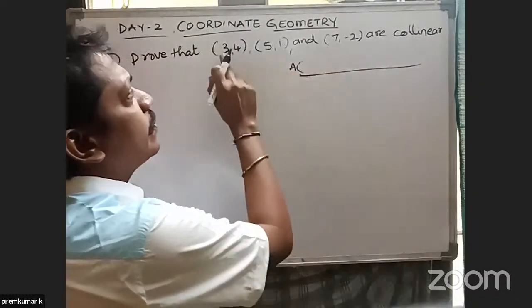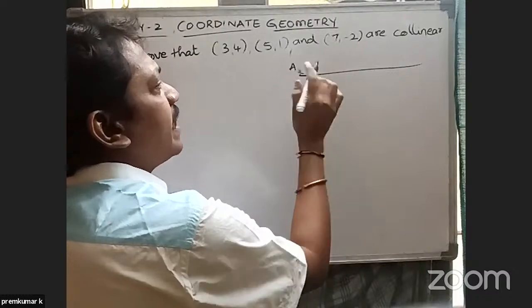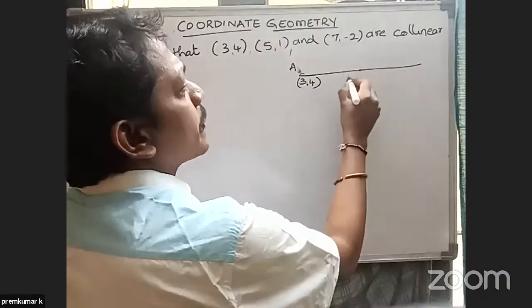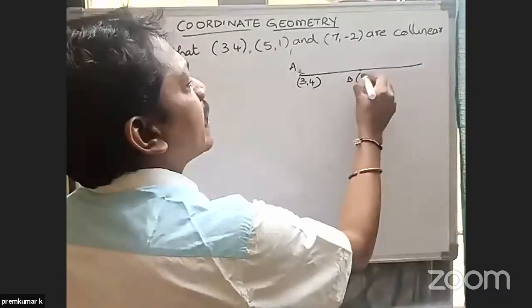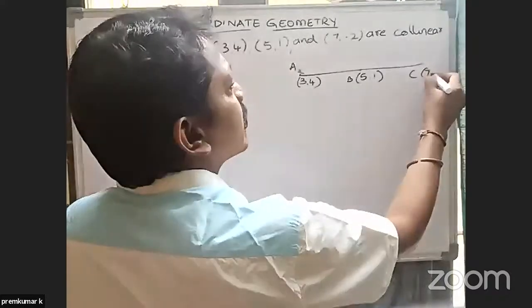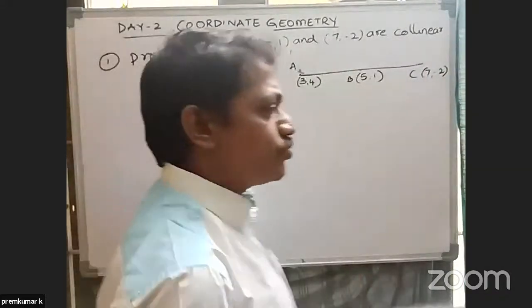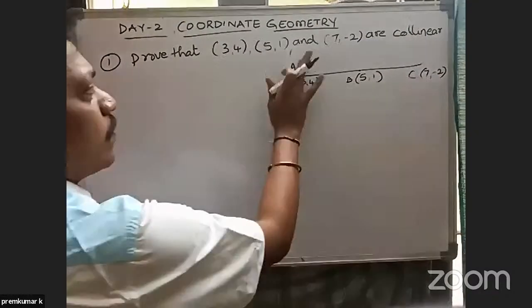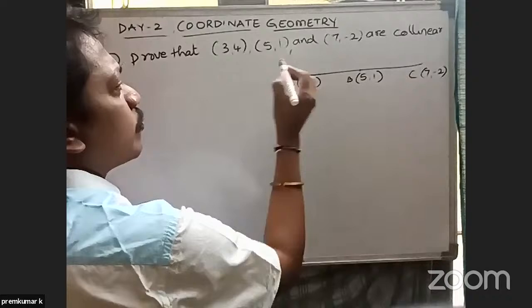This is A. I'm taking this here, 3, 4. B, 5, 1. C, 7, -2. So what do we have to prove?